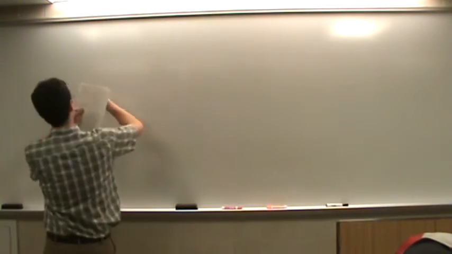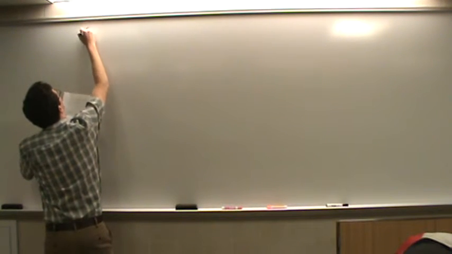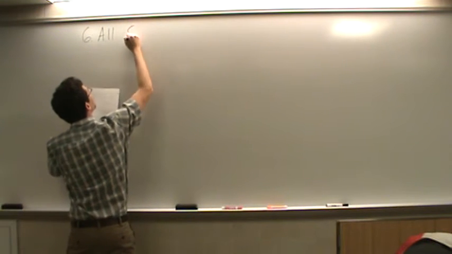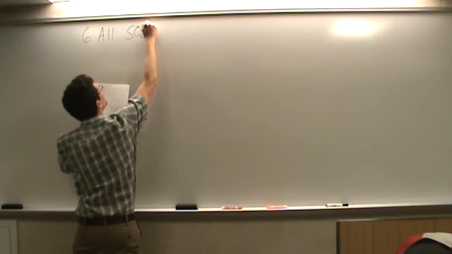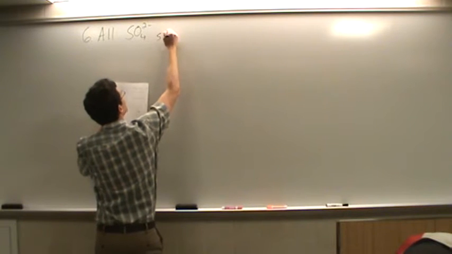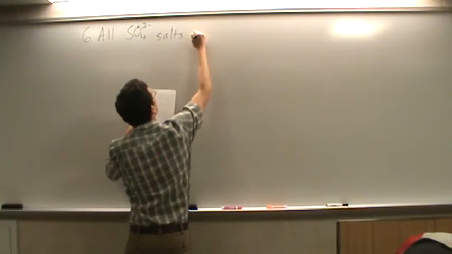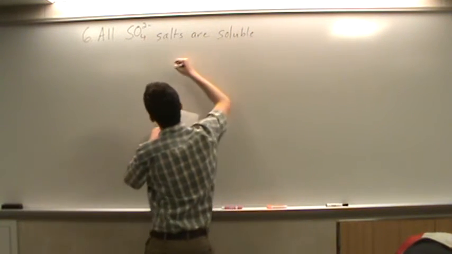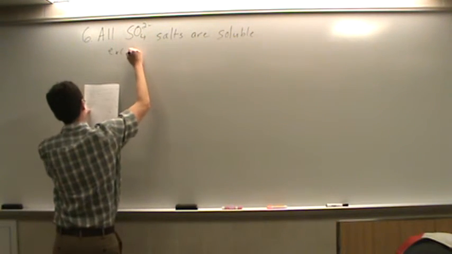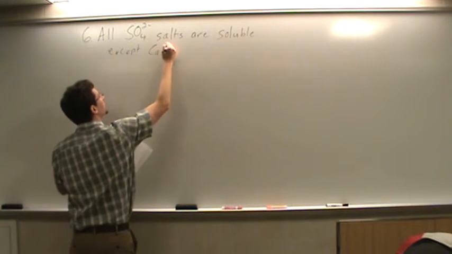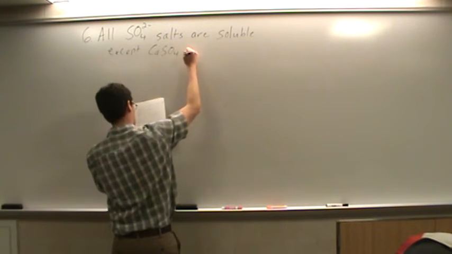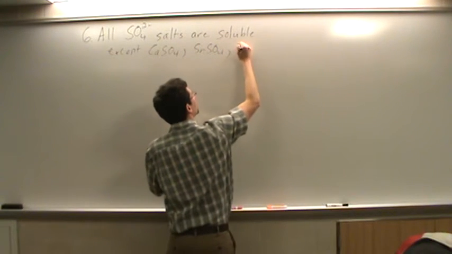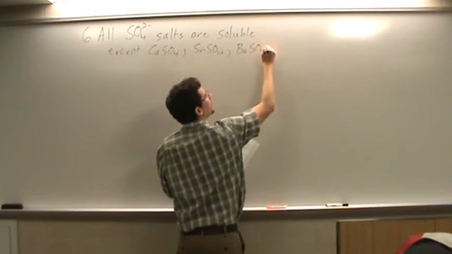The final rule, Rule 6: all sulfate, SO4 2 minus, salts are soluble except calcium sulfate, which is insoluble, strontium sulfate, and barium sulfate.